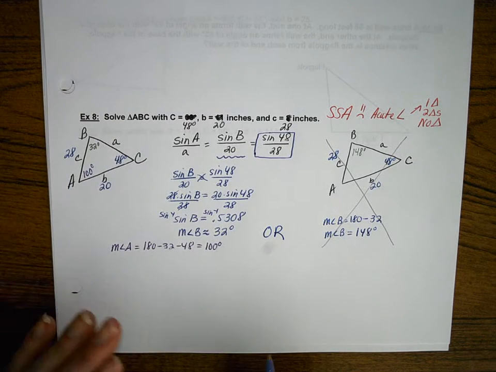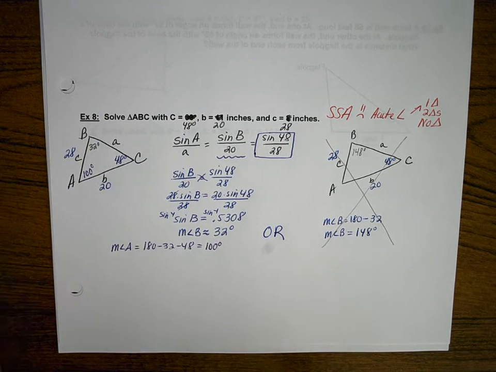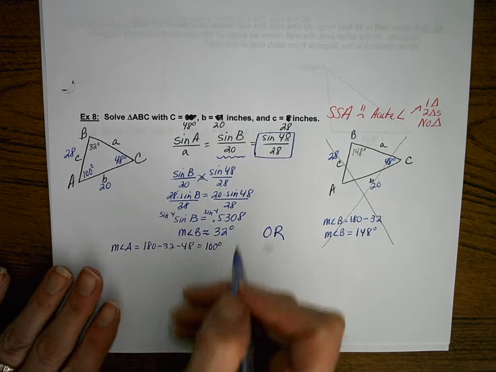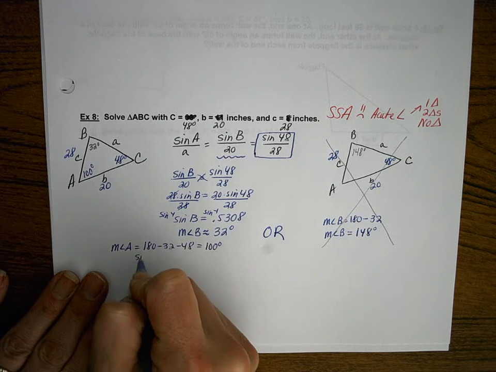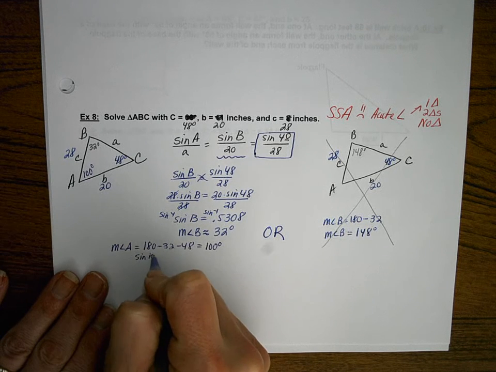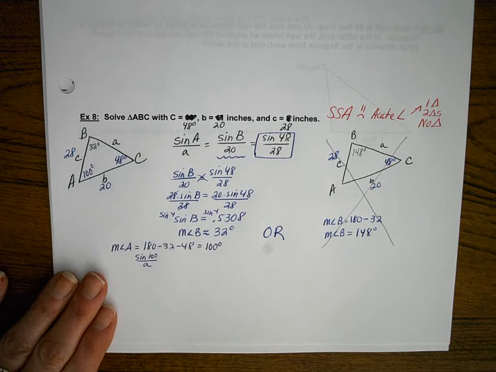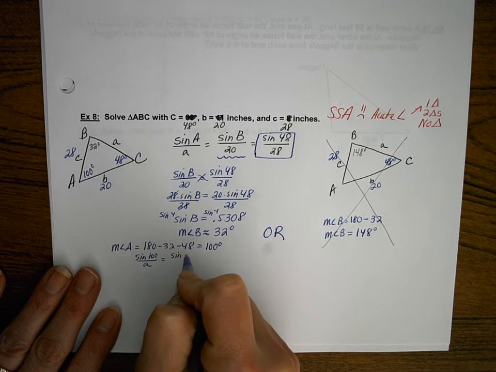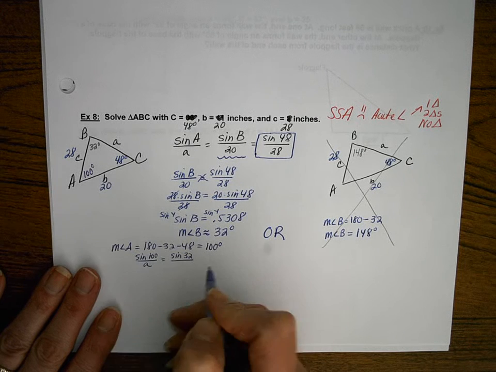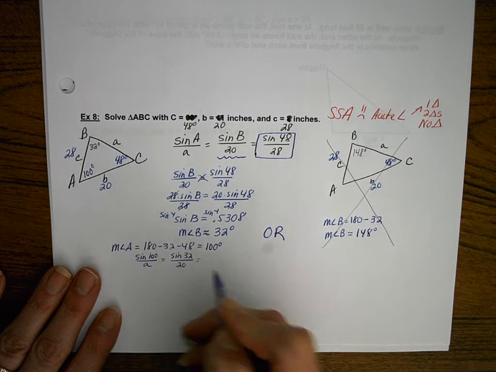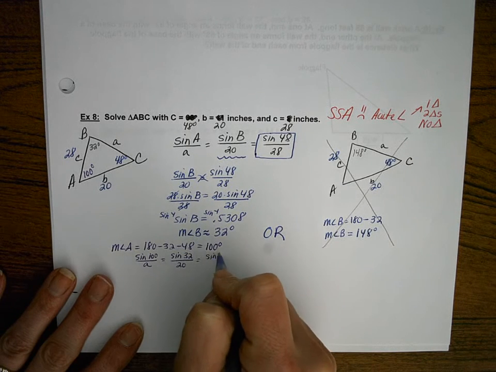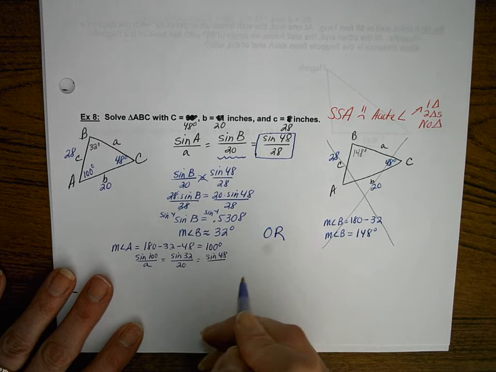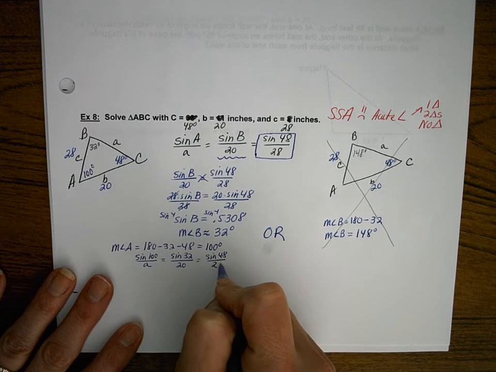Now we're going back to that law of sines every time. So the sine of angle A, which is now 100, over little a, I don't know him, is equal to the sine of angle B, which is 32, over little b, which is 20, is equal to the sine of 48 over little c, which is 28.